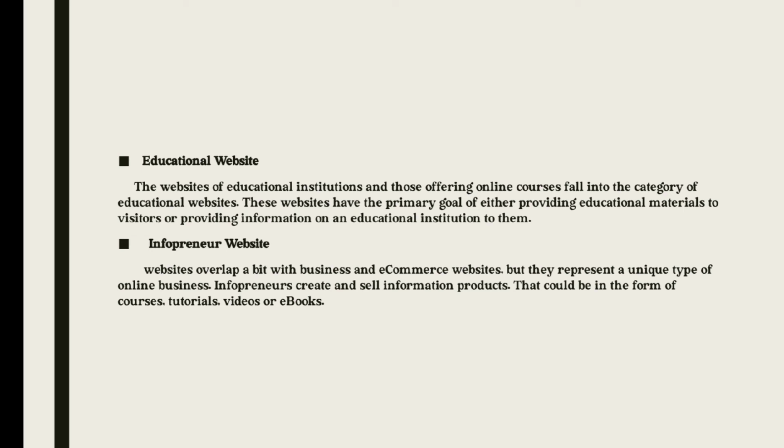Next is the infopreneur website. These websites overlap a bit with business and e-commerce websites, but they represent a unique type of online business. Infopreneurs create and sell information products that could be in the form of courses, tutorials, videos, or ebooks.